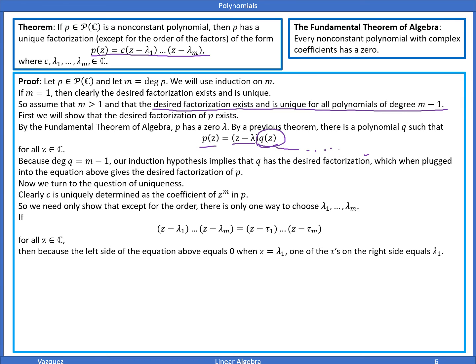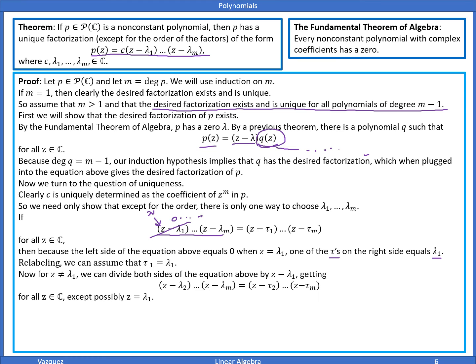Well, this side here equals 0 if z is equal to lambda 1, right? Because then this would be 0 multiplied by all the factors, still 0. So this would mean that one of the taus has to equal lambda 1. So if we just relabel them, whichever one it was, we relabel it as tau sub 1, equal to lambda 1, and we can just keep doing this.